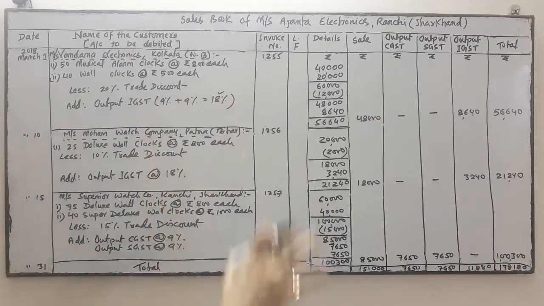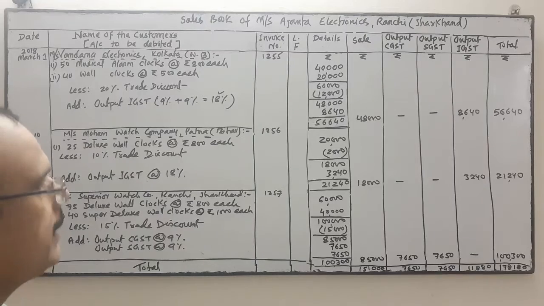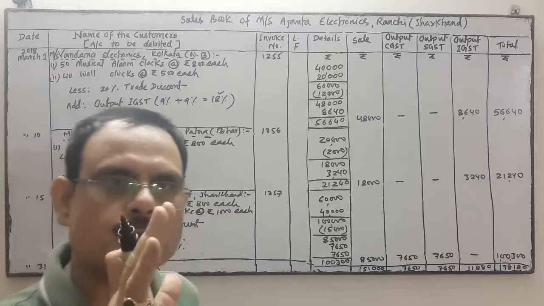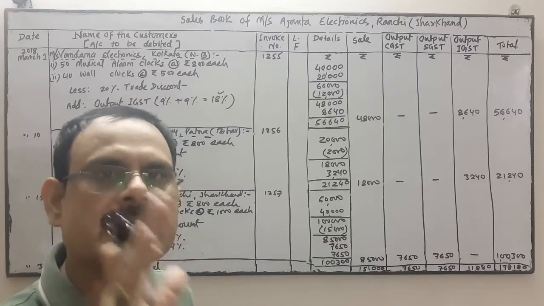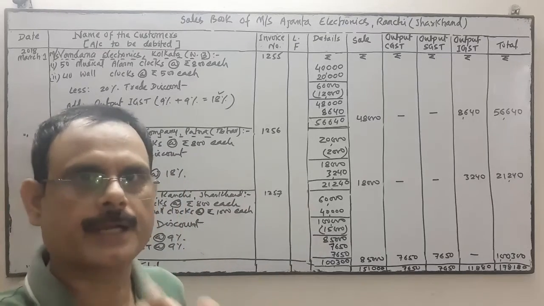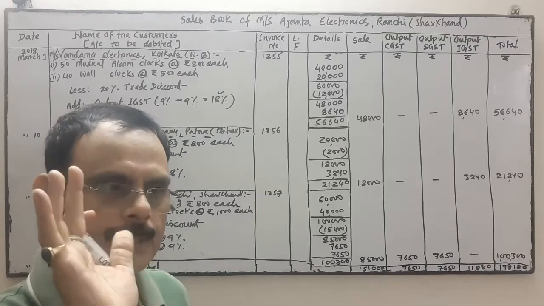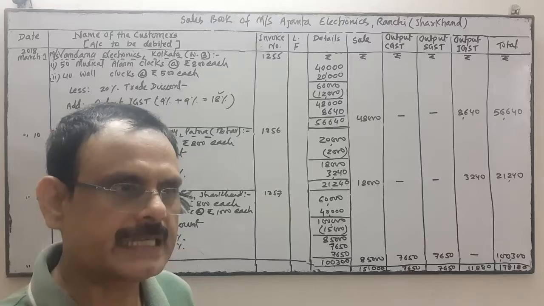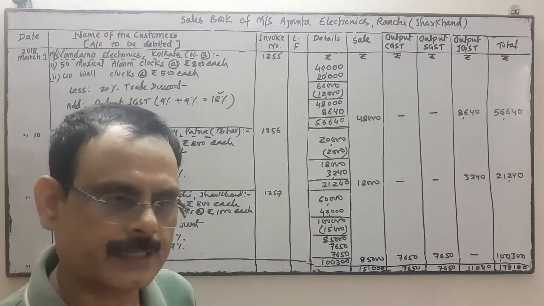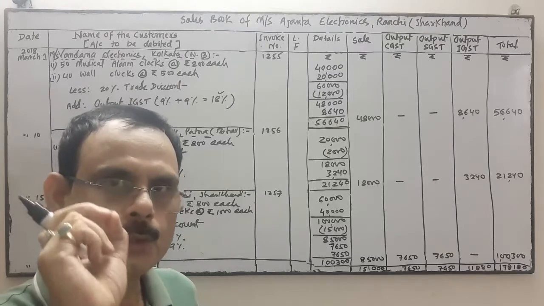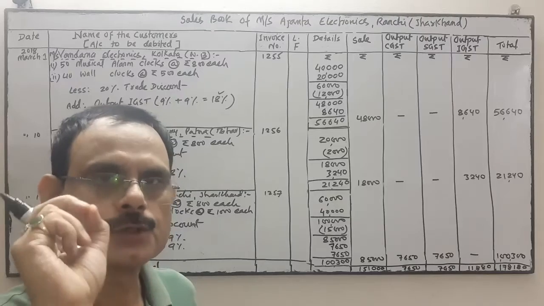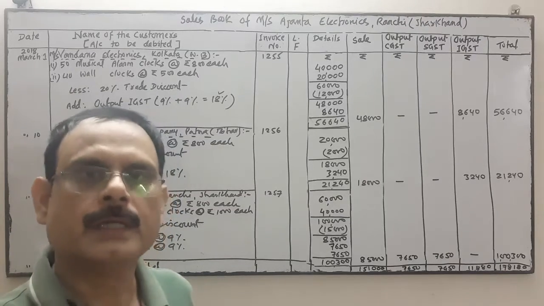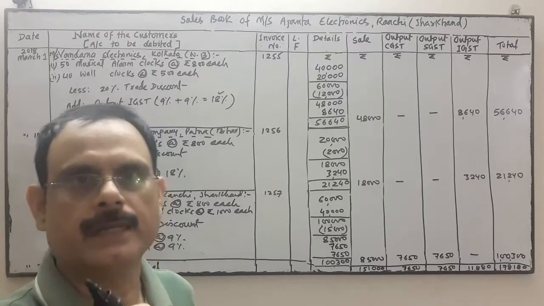So this is the format of a sales book, and we will record here only the goods which were sold on credit. Remember this thing all the time. In the sales book we record the goods in which the business deals, sold on credit.